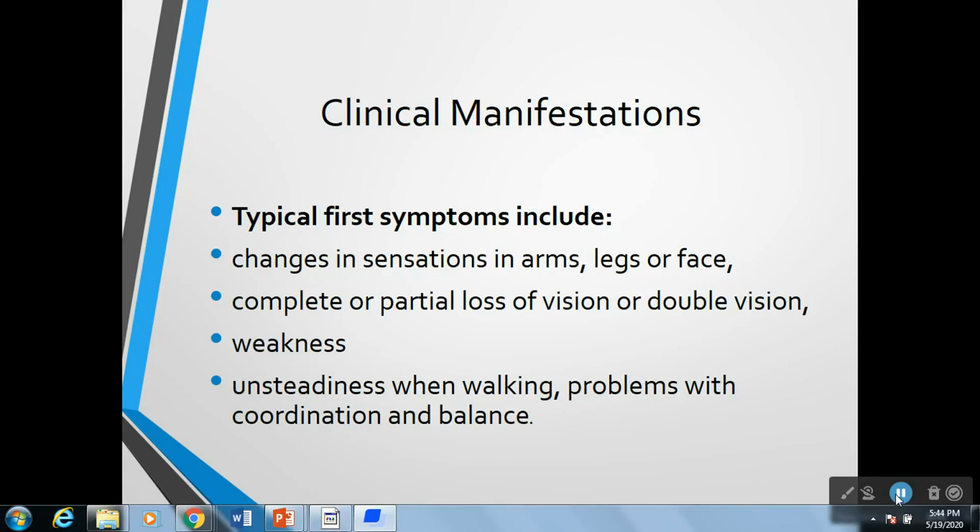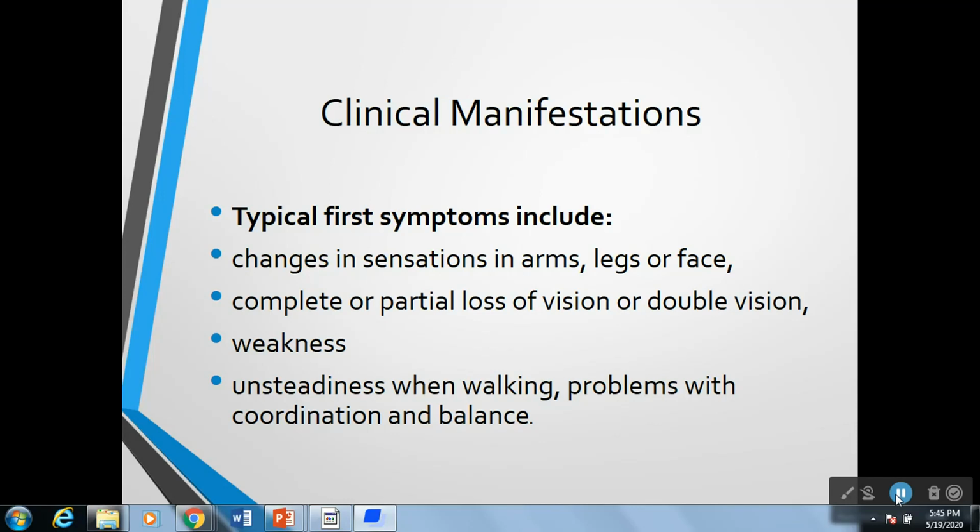But as it keeps getting attacked over and over again, that's where the body's going to try to put up a defense, and like I talked about earlier, it creates a really hard plaque. That's why sometimes patients with MS will have these symptoms and then they'll be fine. Like one day the patient can't get up and walk to the bathroom, and then a couple of days later or a week later, all of a sudden they can walk. So they just never know if these symptoms are going to stay or for how long.